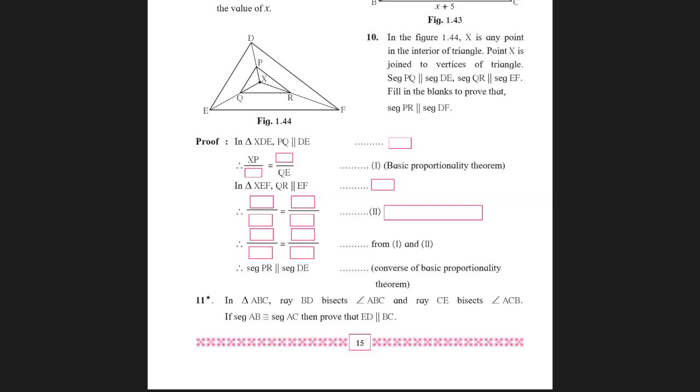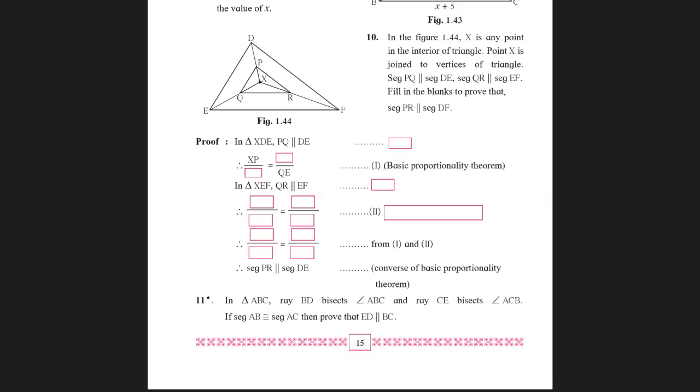What must you write in the first box? What is PQ parallel to DE? It is given, right? So, in the first box there to the right, you will write given. Okay, next step. Therefore, XP upon dash. What should be the answer? XP upon PD. Correct. XP upon PD is equal to what should come in the next box? Upon QE.